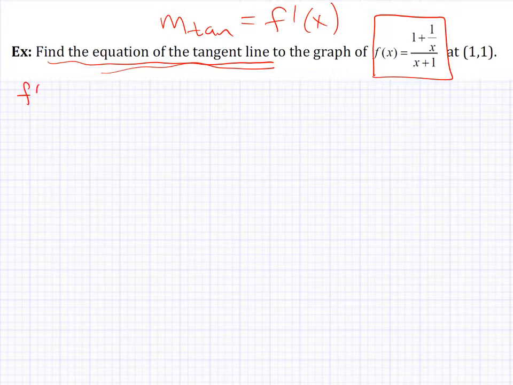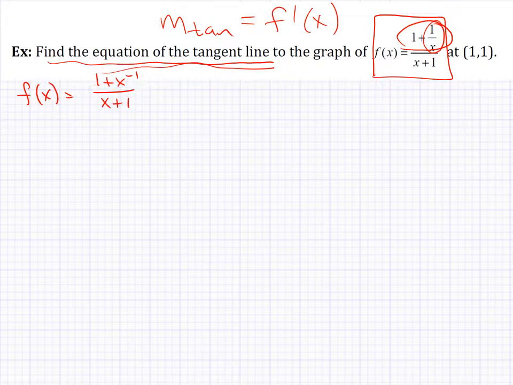Now, in order to do that, I'm going to rewrite the function. I'm going to write it as 1 plus x to the negative 1 over x plus 1. I'm just going to take this and write that as x to the negative 1. Now I did that because it's easier for me to take the derivative. Yes, I still need to use the quotient rule, but in the quotient rule, this is much easier to take the derivative of than this is, because I can use the power rule.